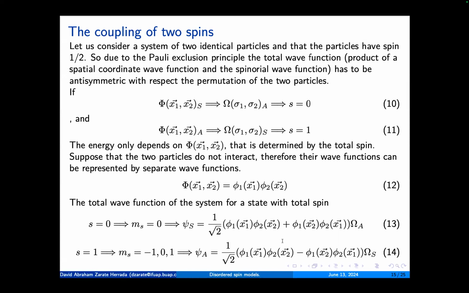We can put the symmetric wave function like this, and the antisymmetric wave function like this, where the symmetric wave function corresponds to the spin quantum numbers S equal to 0 and ms equal to 0, and when the wave function is antisymmetric, we set the spin quantum numbers S equal to 1 and ms equal to -1, 0, and 1.